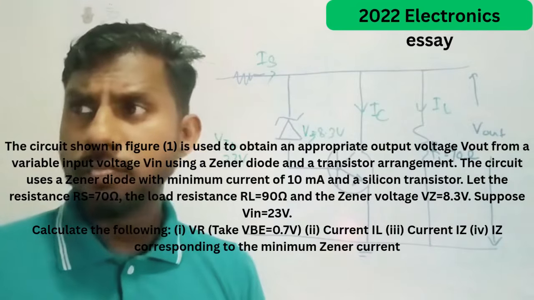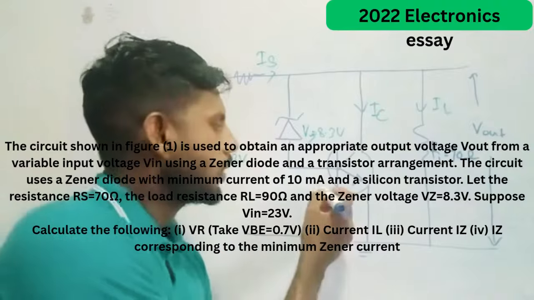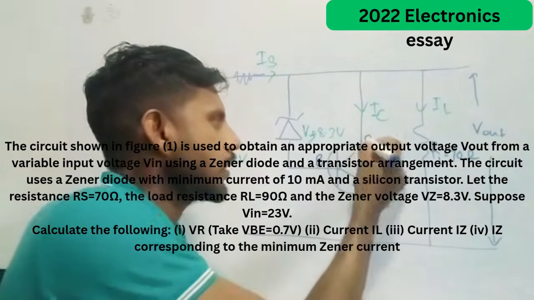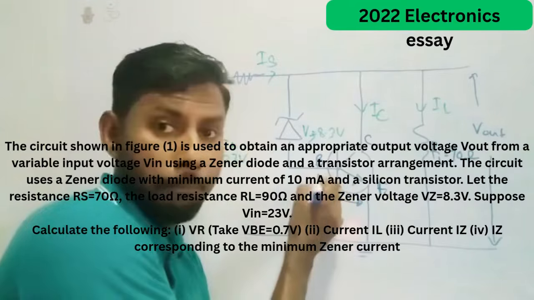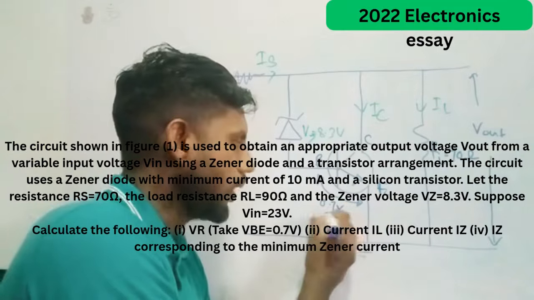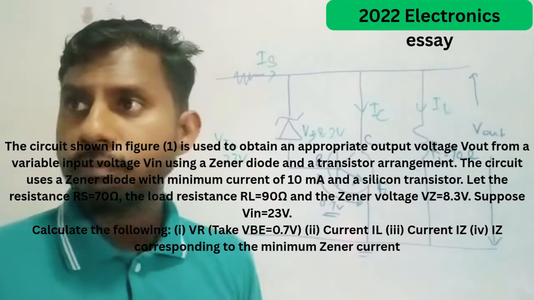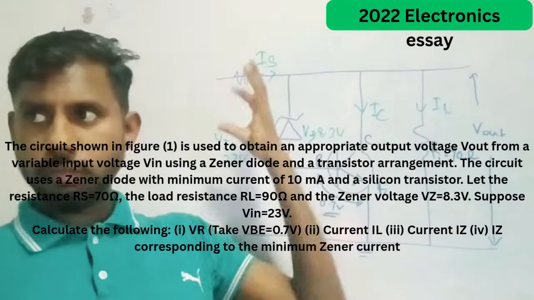A silicon transistor. Silicon transistor means, this is base, this is collector and this is emitter, the potential difference across base and emitter is 0.70. That's what they meant by silicon transistor. RL is 90 ohms and the Zener diode potential difference is 8.3.